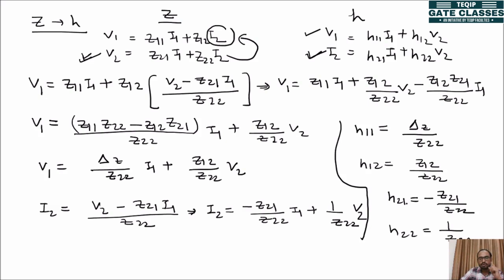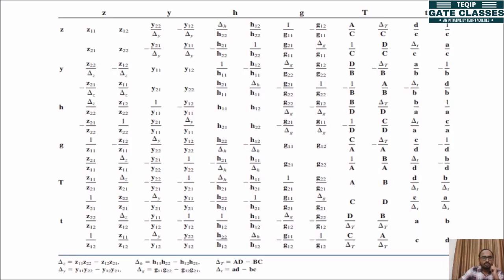You can take a snapshot of that. If you have the book, you can see the relationships there. You can derive them also. If you have any problem, you can ask. I'm showing this list, which has all 6 parameters and the relations between them. You can derive it like we have derived for the z-y parameters and z-h parameters.